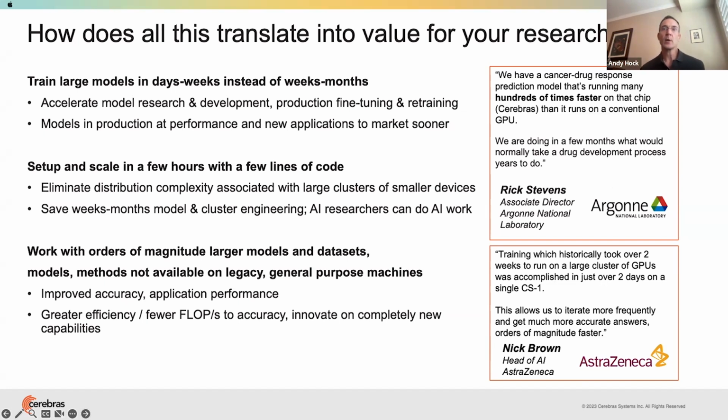But the ability to iterate quickly at scale isn't just about compute. It's also, of course, about software and setup time. And our system, by virtue of its large-scale SRAM and purpose-built MemoryX architecture, can run even the largest models today on a single system.